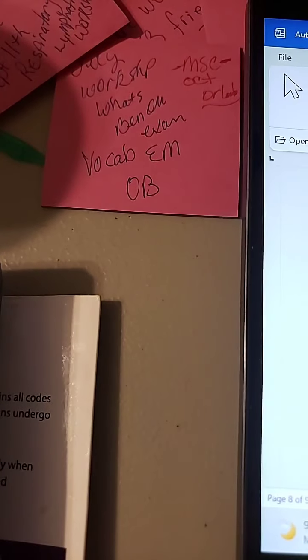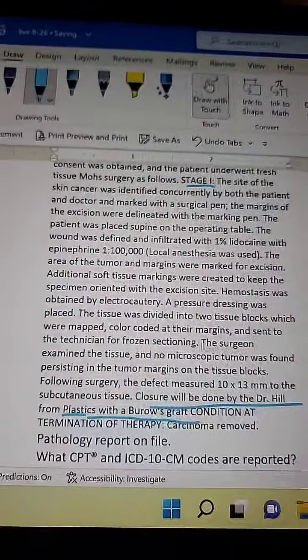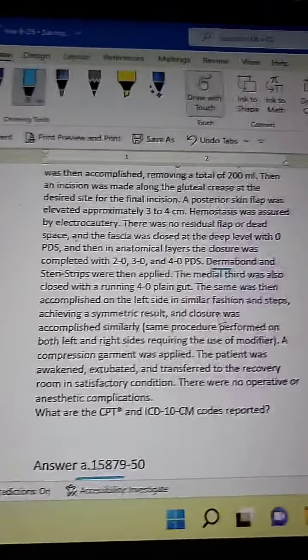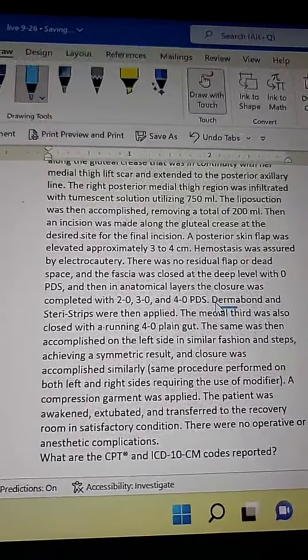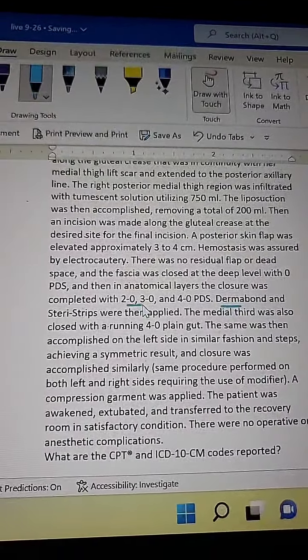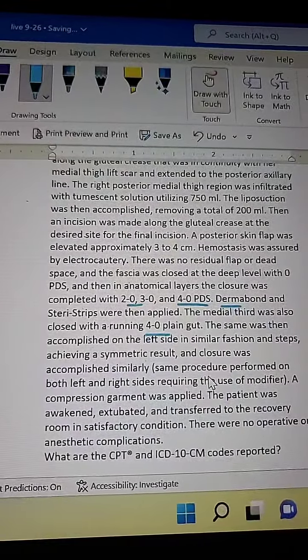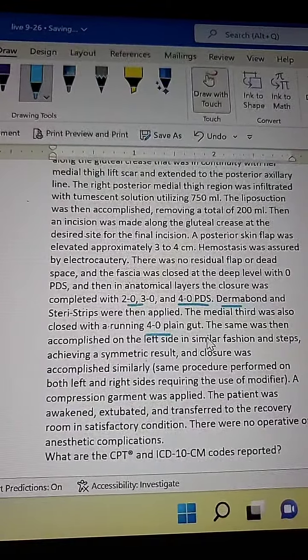So be careful on that. Just because they use steri strips, that's just included in a regular procedure anyway. We wouldn't bill for that. It's included in the CPT code, just like the suture material is included. It's all included in the surgery.